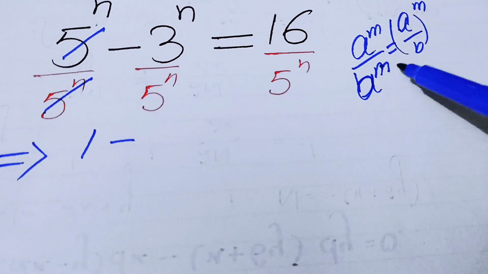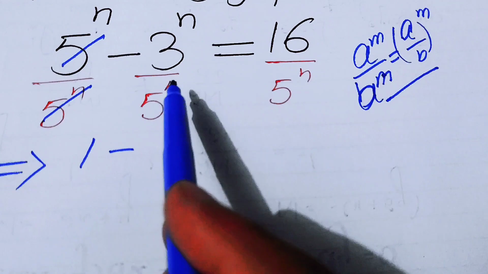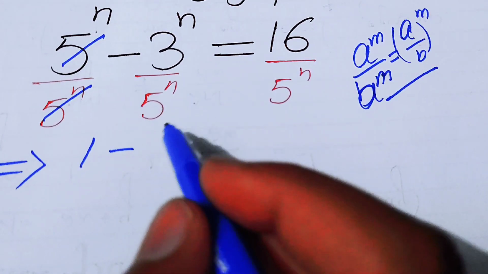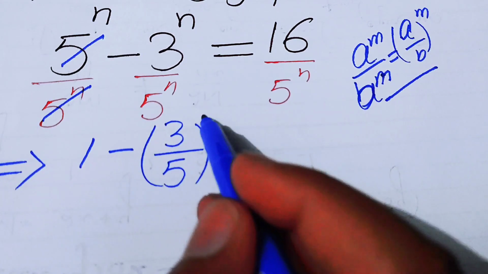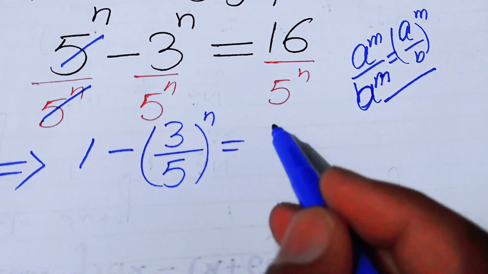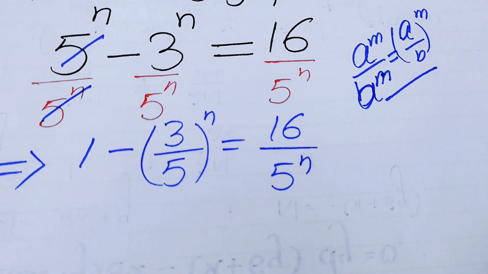So now we can use this nice exponential law. We can just combine the exponent of these two terms, and you get 3 over 5 to the power of n is equal to 16 over 5 to the power of n.